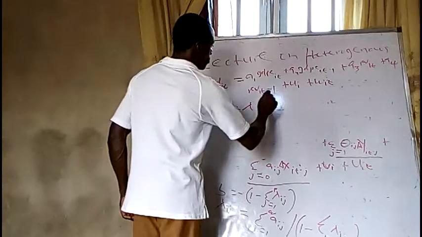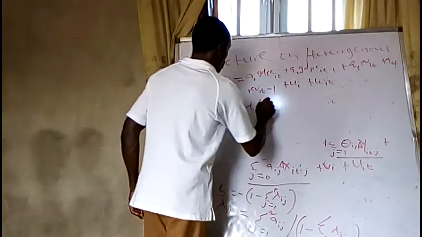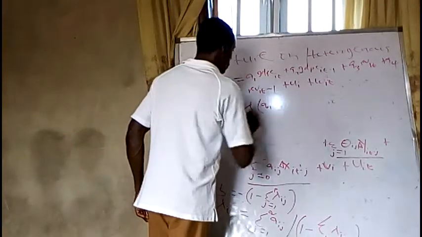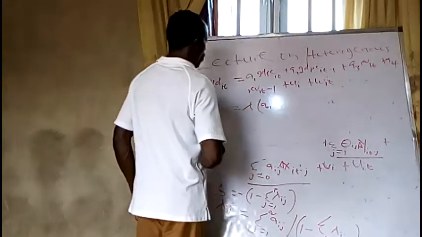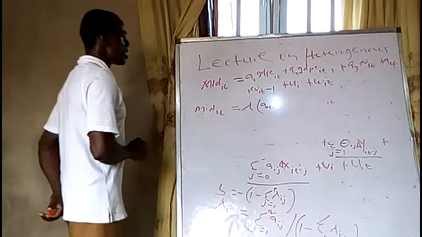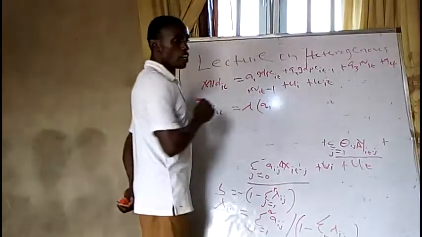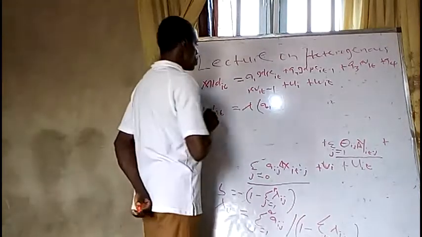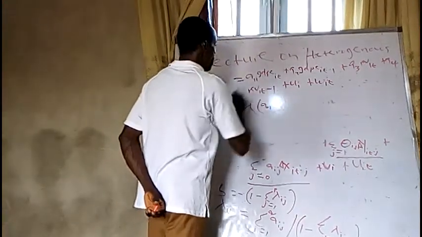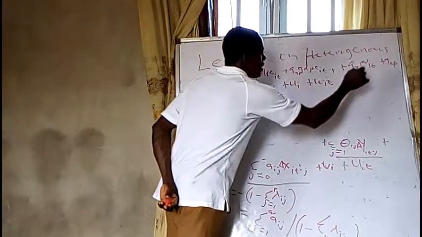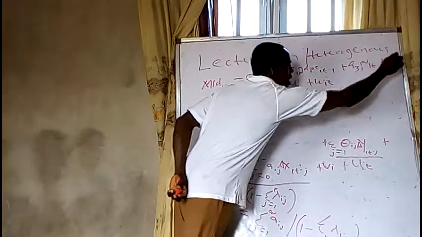We have A0, A1. Now all these parameters must definitely have subscripts. They must have subscripts. So we put I here, I here, I here, I here.